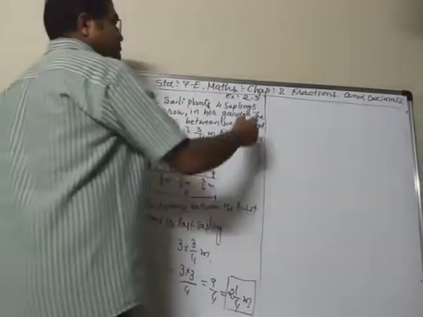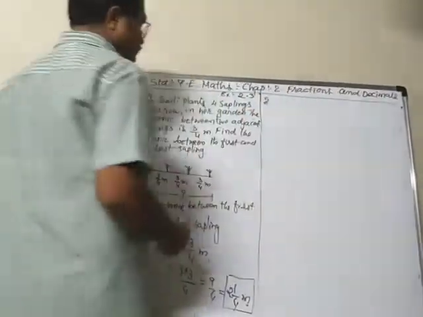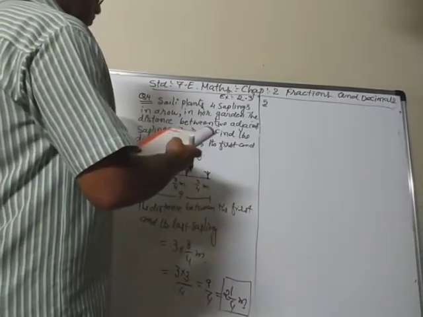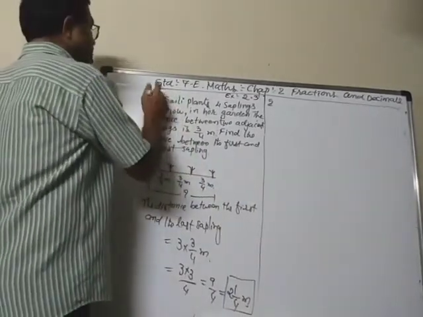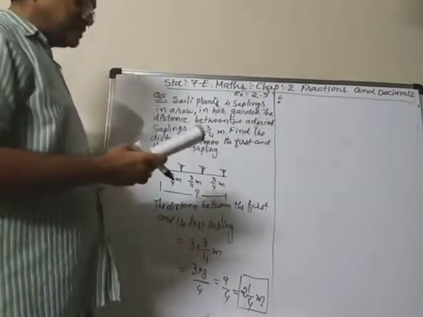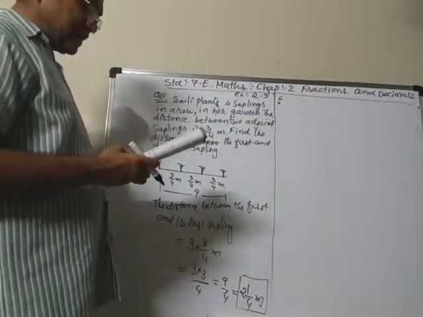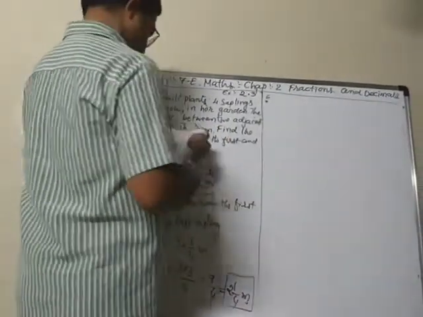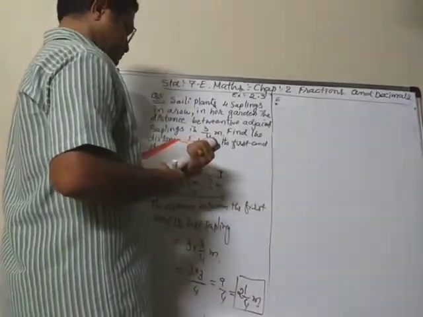Let's do the 5th sum. What does it say? Sorry, this was the 5th sum. Now we will do the 6th sum. 6th sum says that Lipika reads a book for 1 integer 3 by 4 hours every day.